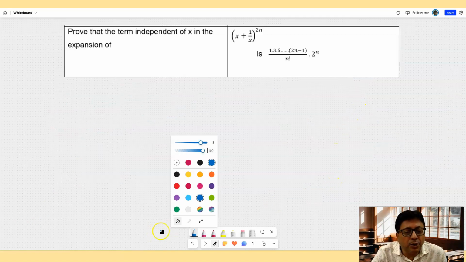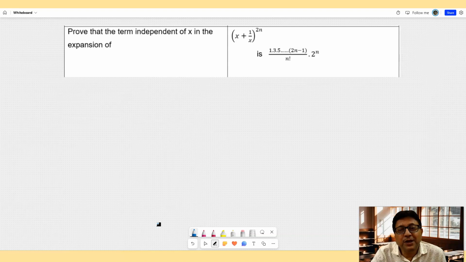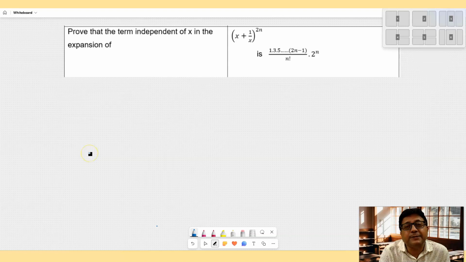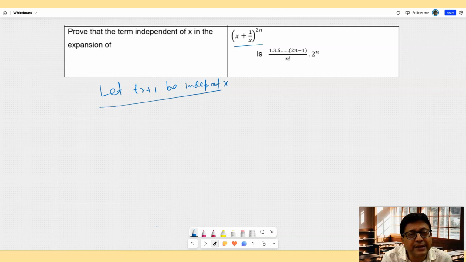This sum is based on your manipulative power, because you have to manipulate a lot to get the answer. Term independent of x in the expansion of this: you will start in this manner only. Let T(r+1) be independent of x.